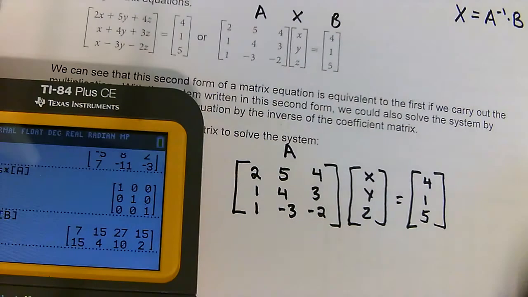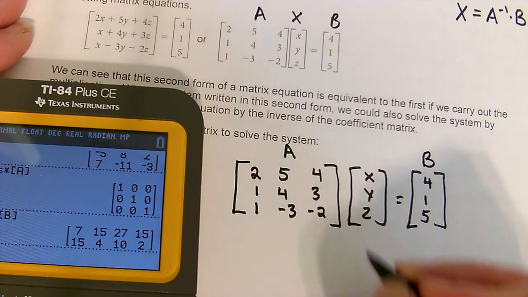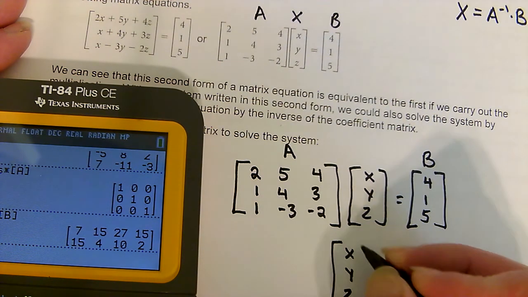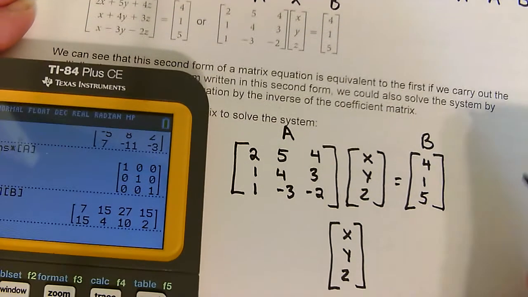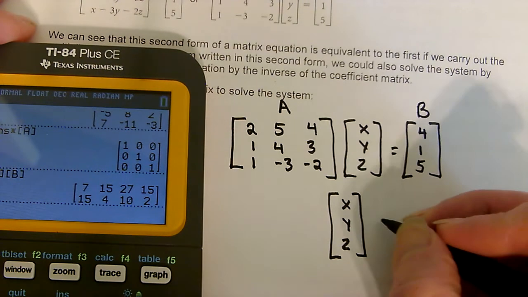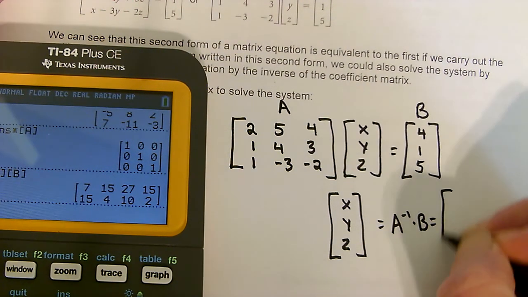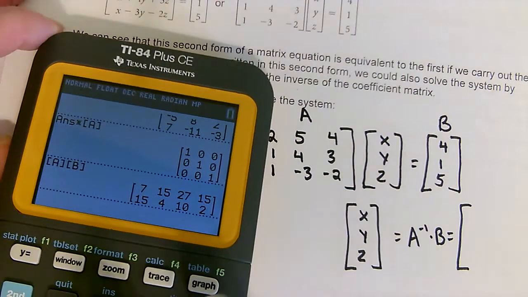So that's going to be B. So my X, Y, Z is going to be found by doing A inverse times B. And it's going to give me a column.